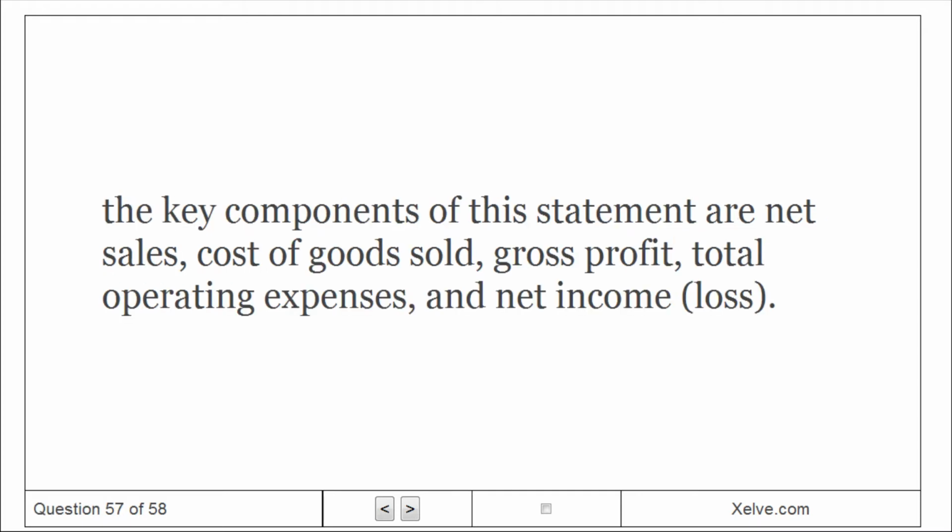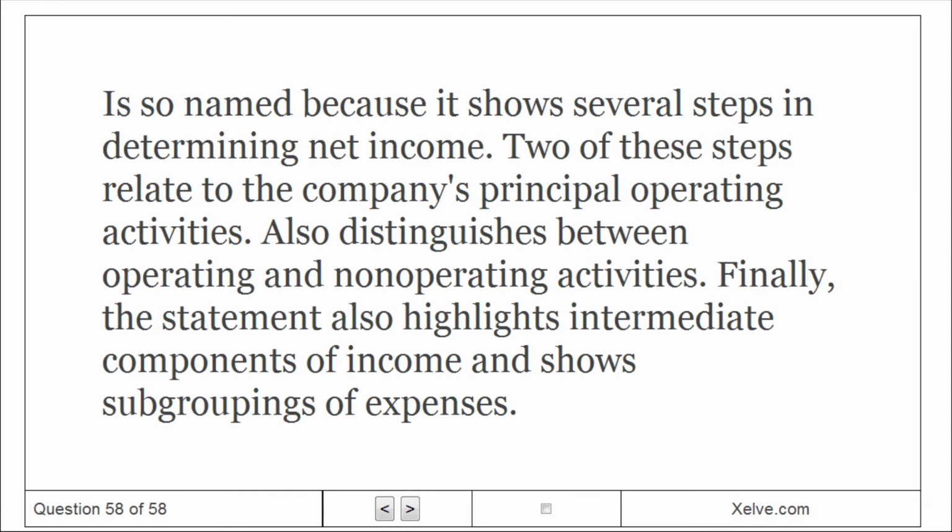The key components of this statement are net sales, cost of goods sold, gross profit, total operating expenses, and net income. Income statement is so named because it shows several steps in determining net income.